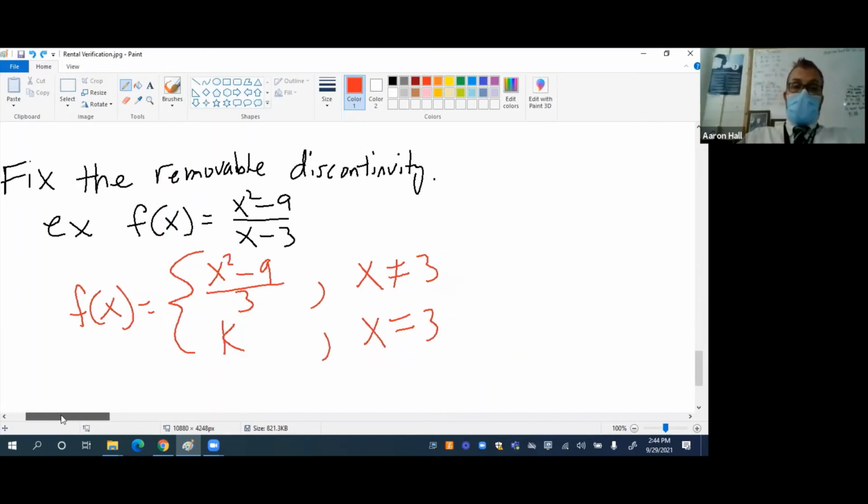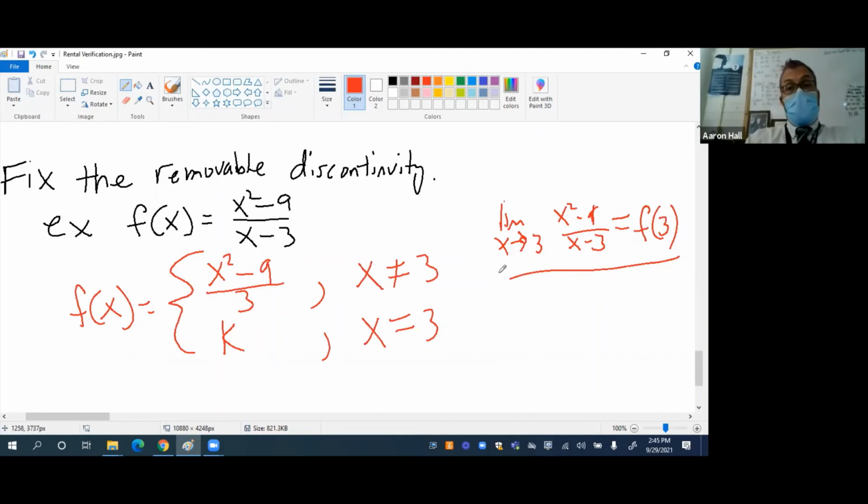Didn't we do this already when I had something like this, the limit as x approaches, in this case, 3 of x squared minus 9 over x minus 3? Don't we have to find the answer to this? Because the rigorous definition of continuous means that that has to equal f of 3, right? Wasn't that our rigorous definition? So let's find this and then make this equal to it.